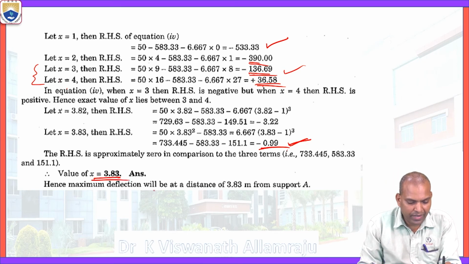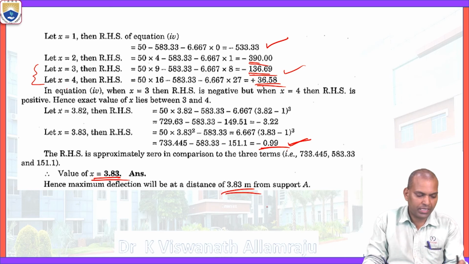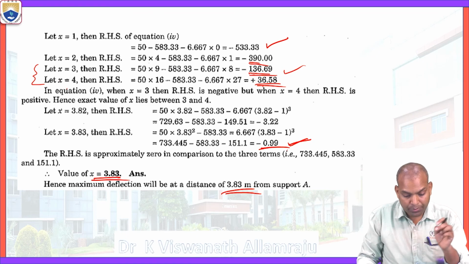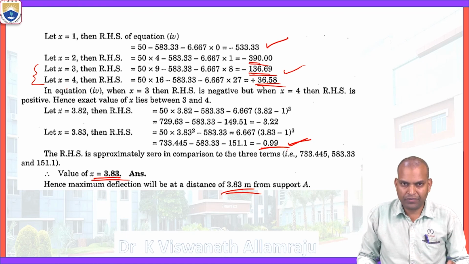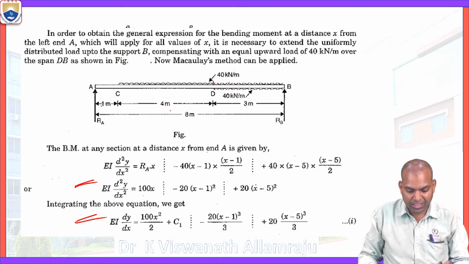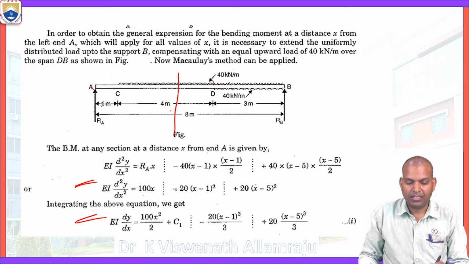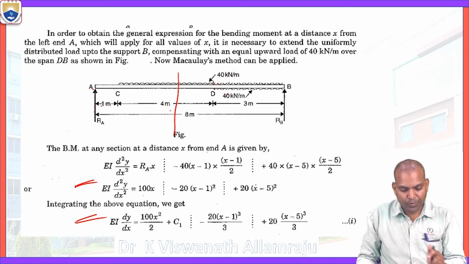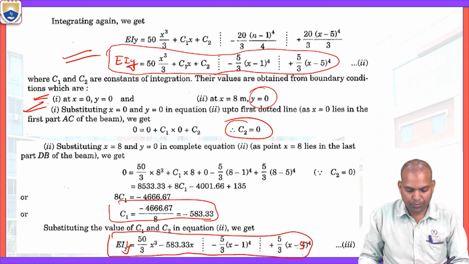Now substitute this 3.83 meters, the position of maximum deflection from support A, in the generic equation of the slope. This 3.83 location is between C and D, so we have to consider the CD parts, that is part 1 and part 2, and substitute this 3.83.